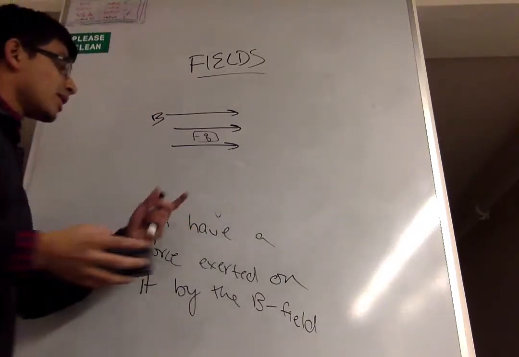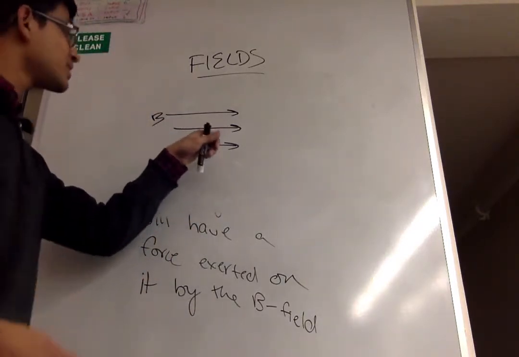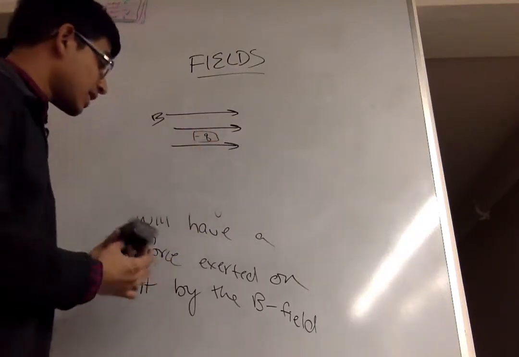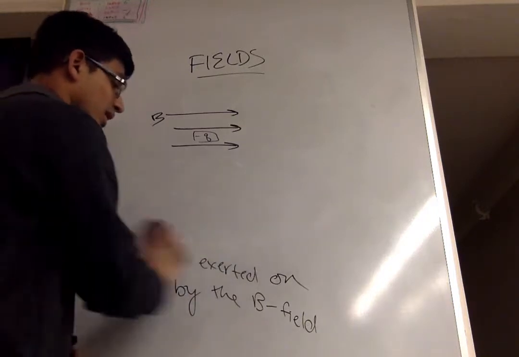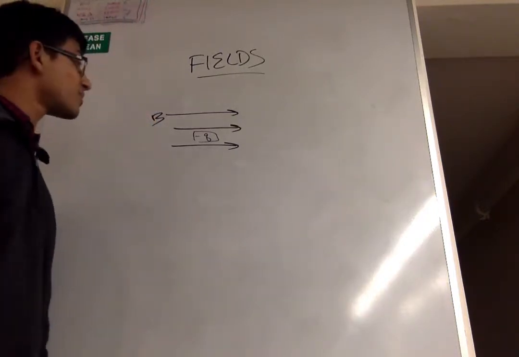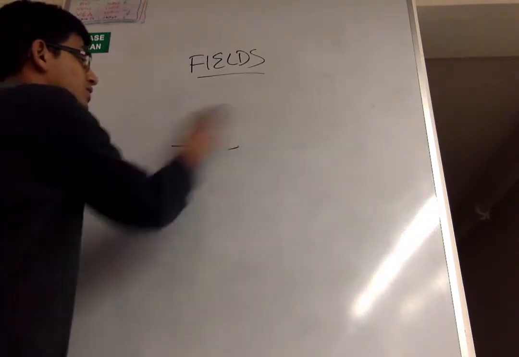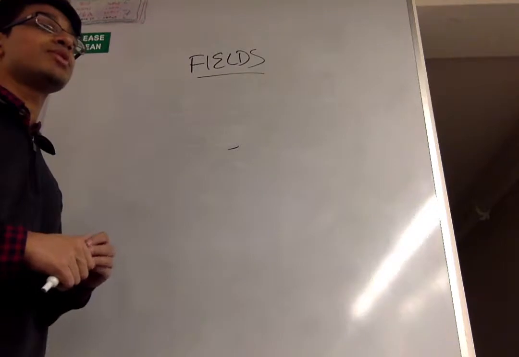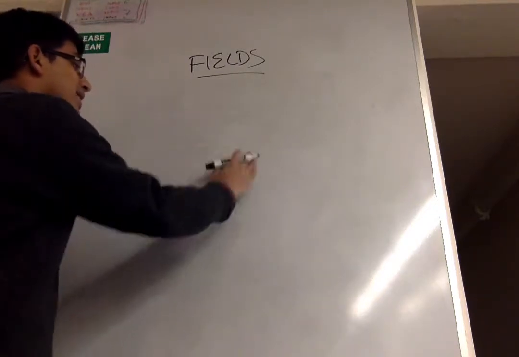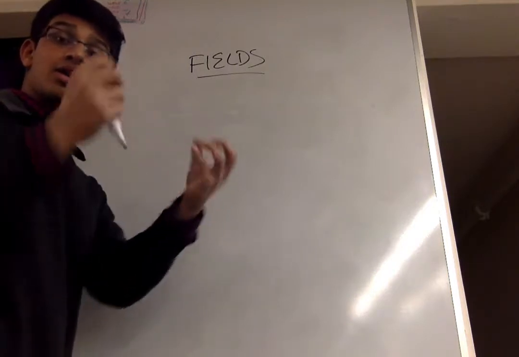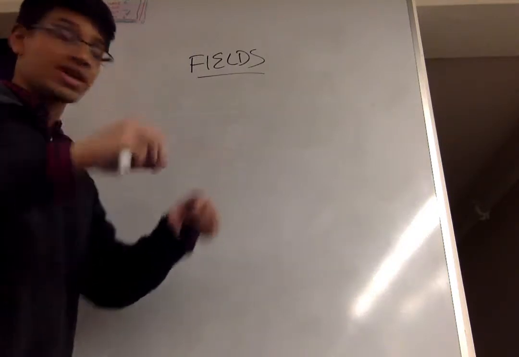So before I erase that line, you notice that I represented this field with arrows. And that's one of the most convenient and conventional ways of representing a magnetic field. Suppose we have a magnet, say a horseshoe magnet, which is just a bar magnet, curved such that its north and south poles face each other.